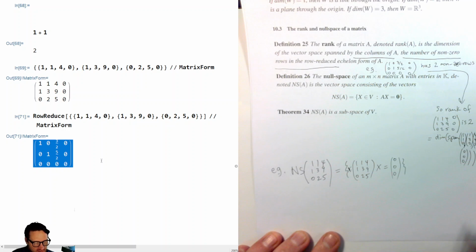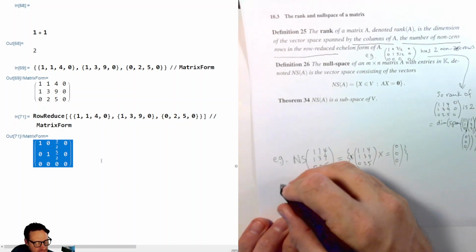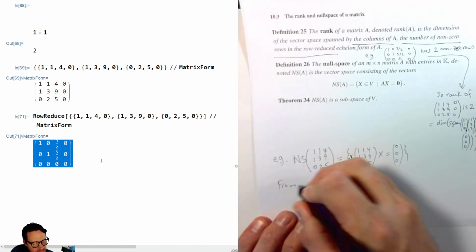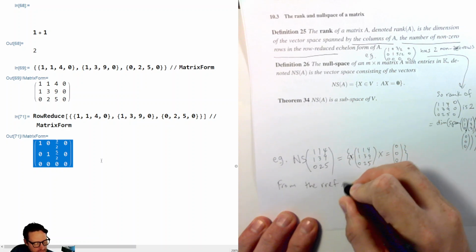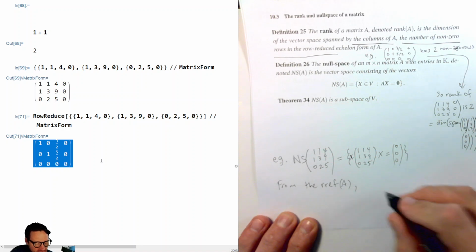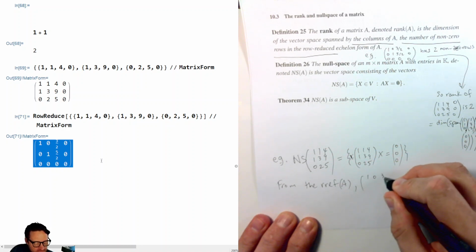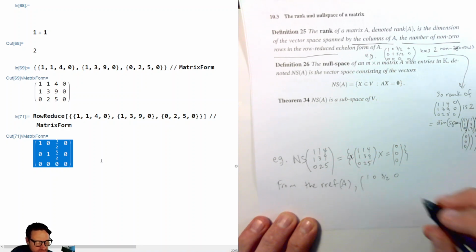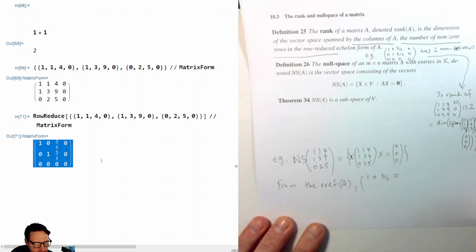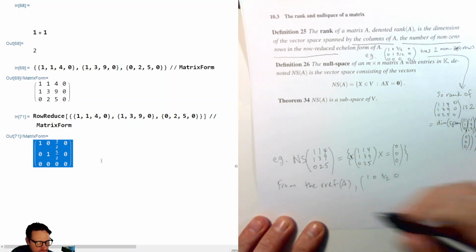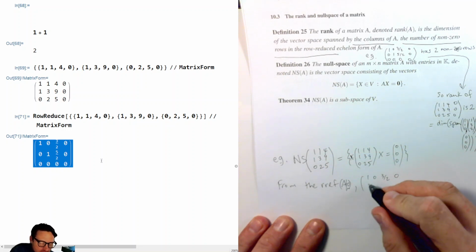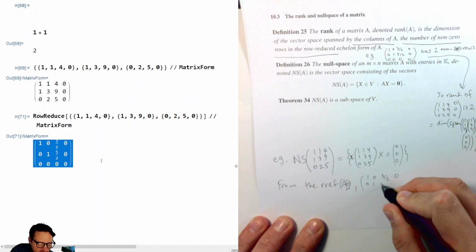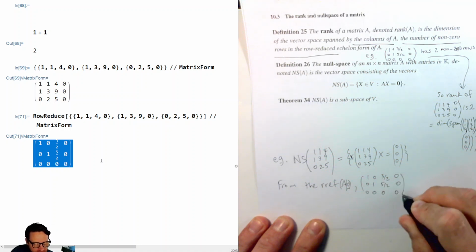Okay, so let's find this now from the row-reduced echelon form of A, namely 1, 0, 3 halves, 0, augmenting that with a 0 vector. 0, 1, 5 over 2, 0, and then a row of zeros.